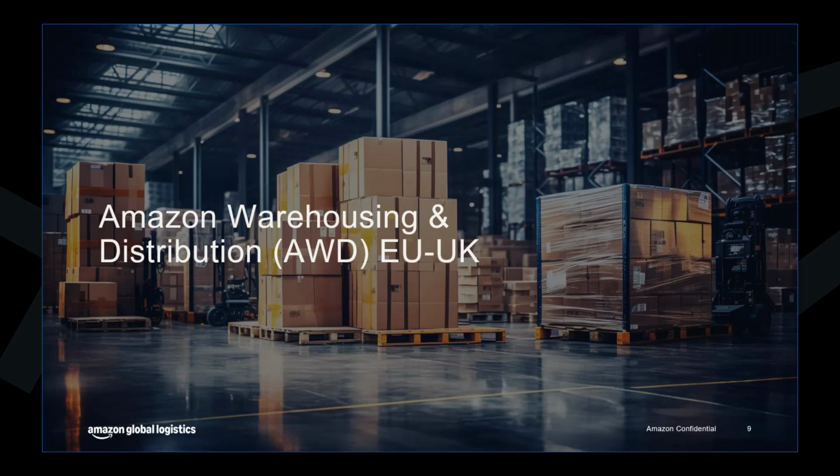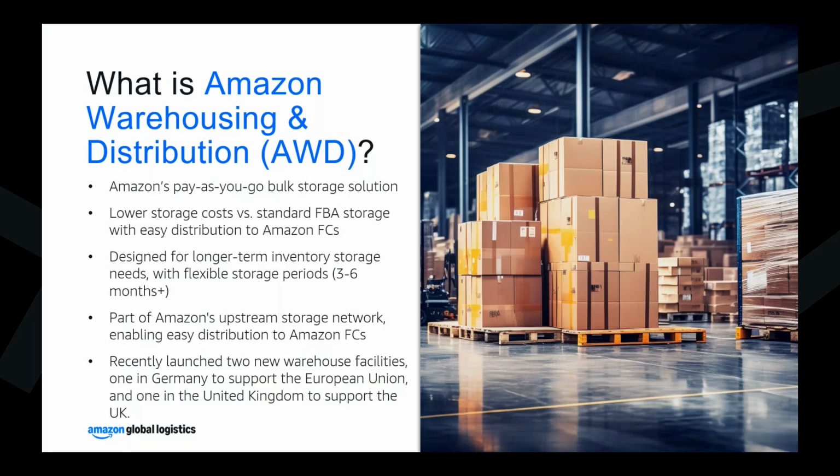So cool. Coming onto Amazon Warehousing and Distribution, you might be wondering, what is this? We need some more details on this. So happy to explain here. Amazon Warehousing and Distribution is our pay-as-you-go bulk storage solution. What does this mean?